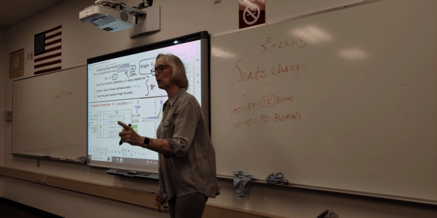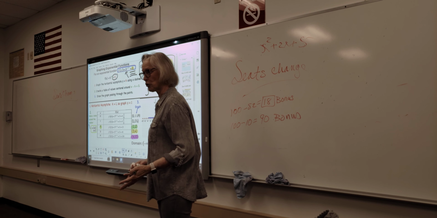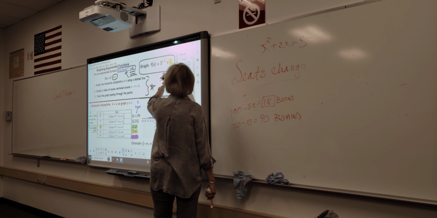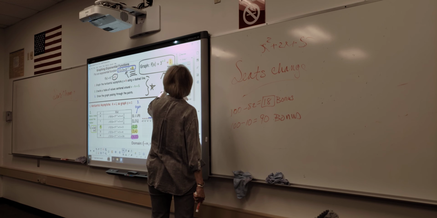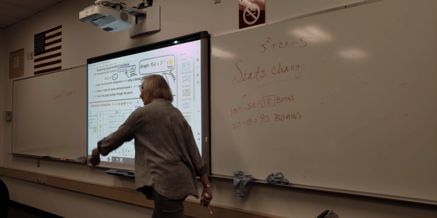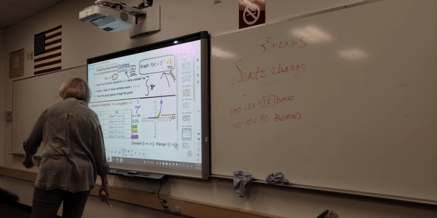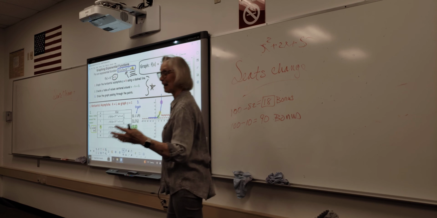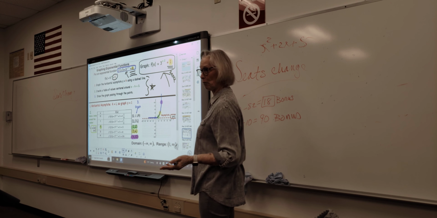So the first thing we're going to do is put in a fence around our Nike swoosh. This fence is called, what is it called? Asymptote. The more you say it, you're going to remember it.